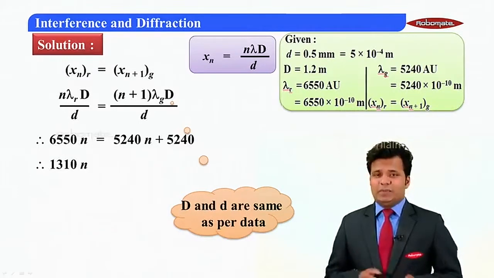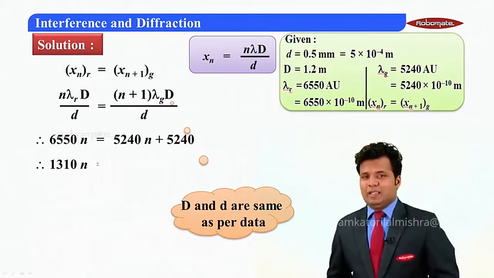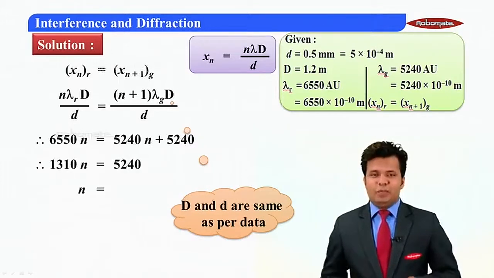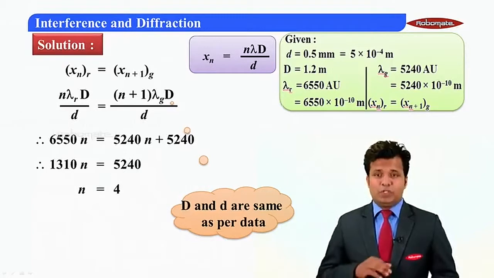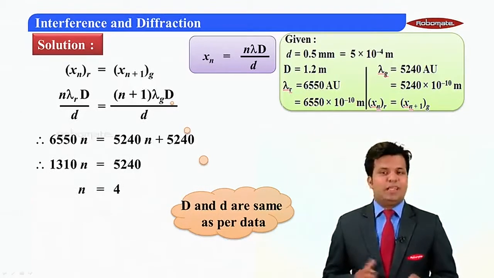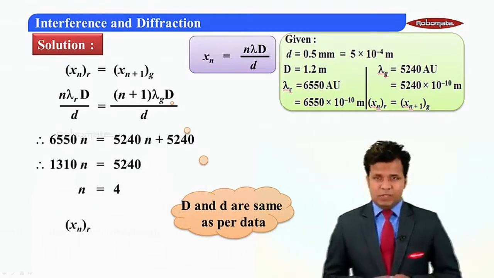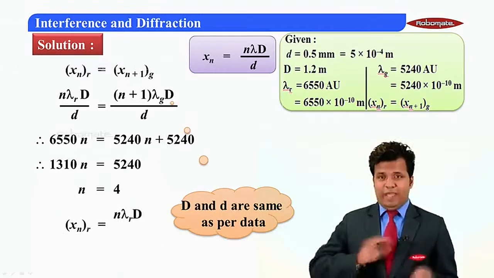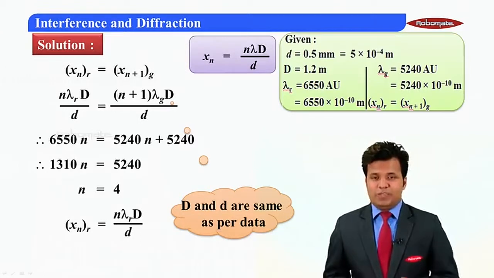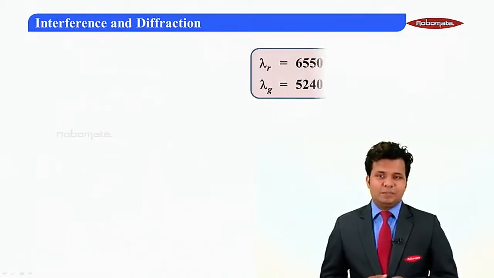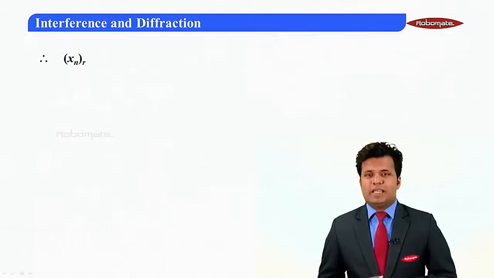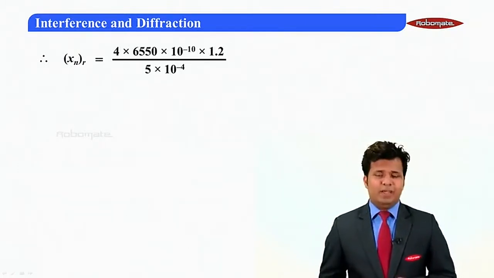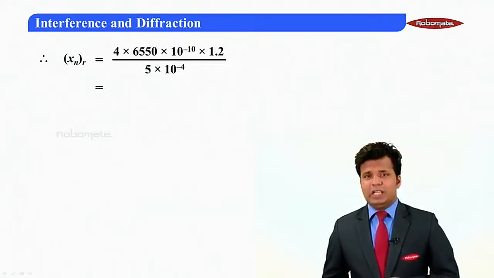So let us bring both the n terms on the LHS by keeping the number 5240 on the RHS, and n would be equal to 5240 upon 1310, and n would be 4. So let us calculate xn of r by substituting the value of n there, because we already knew what is lambda and D by d. So xn of r is equal to 4 times lambda into D upon d.